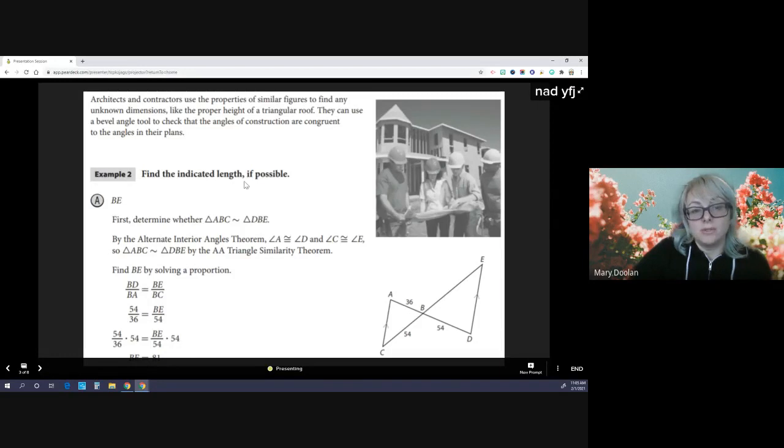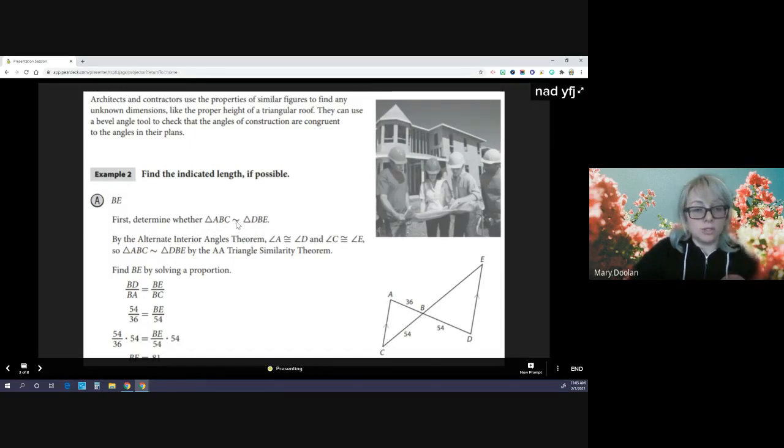All right, so we're going to look at an example here where we're going to find the indicated length if possible. The length that we want to find is BE. If you look at the picture over here, BE is this side right here of this triangle. And these two triangles that are created, we want to figure out, are they similar? We have to do that first. So first, determine whether triangle ABC is similar to triangle DBE.